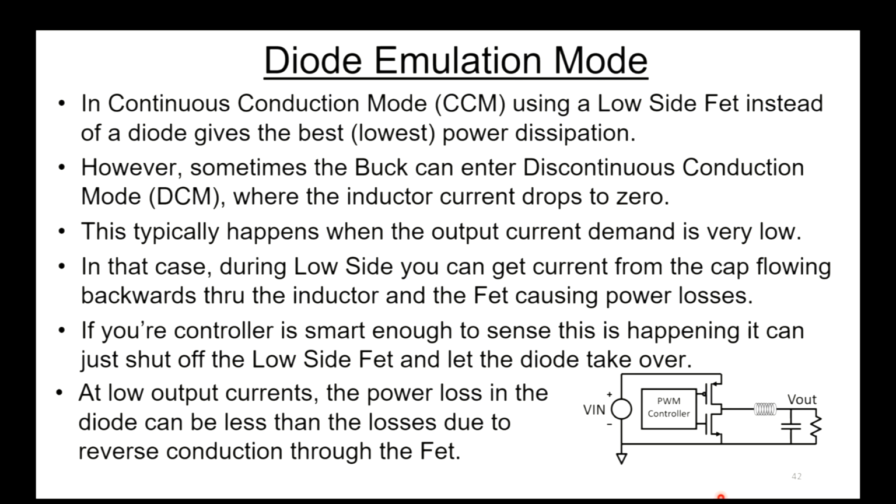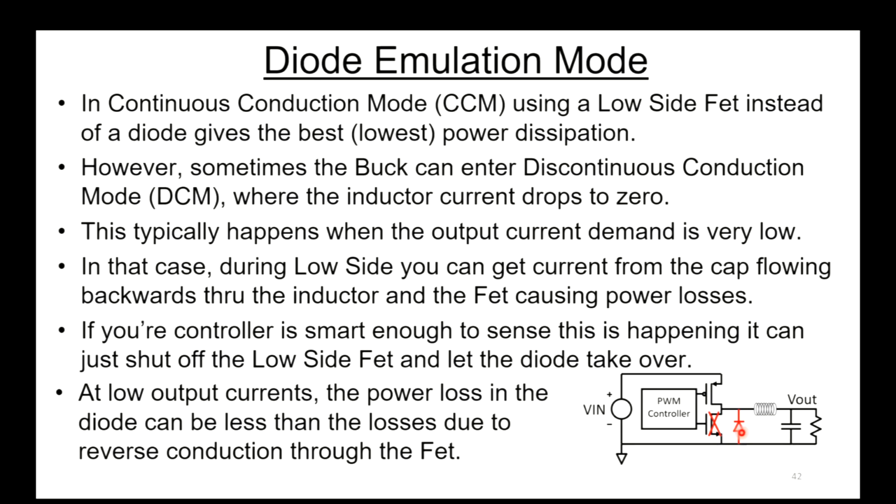If your controller is smart enough, it can sense this, and this is called diode emulation. What it can do is just shut that low side FET off. A lot of times you'll put a diode in here, or maybe they use the body diode that's already in there. The buck guys can tell me whether there's an extra diode or you actually use the body diode.